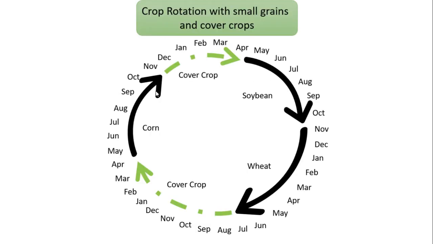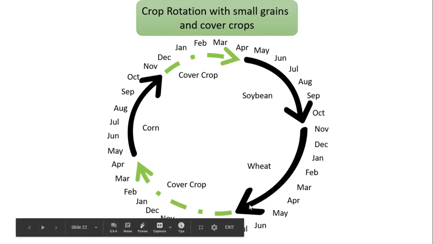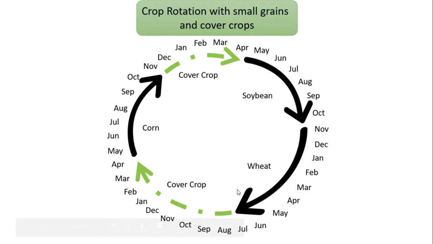So again, here's a crop rotation, and this is also a 3-year cycle. Now you can see right here in November, they're planting their cover crop. Right after they pull their corn out, they're planting their cover crop, turning that in spring, planting a crop of soybeans that is harvested in fall, followed by a crop of winter wheat that is harvested the following summer.